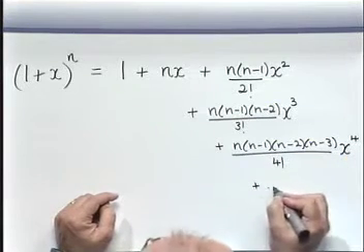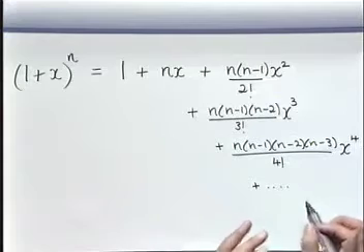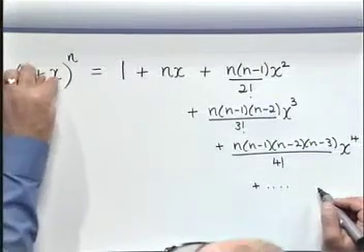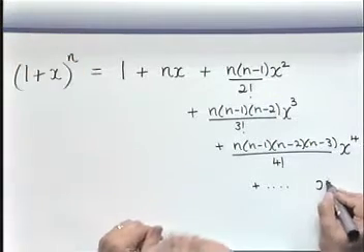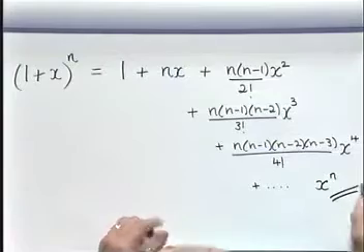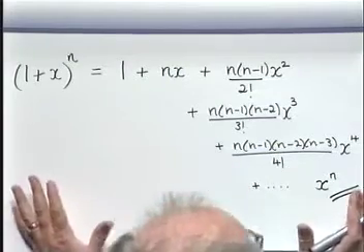And this will go on and on until eventually you'll get to the stage where you'll get to the last term raised to the highest power. You'll get to x to the power n, and the series will stop. So this is a slightly simpler form of the theorem, and it's often quoted in this form.